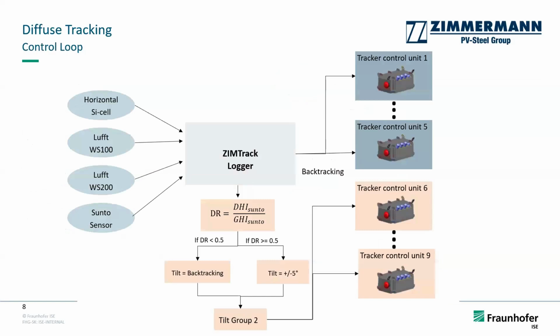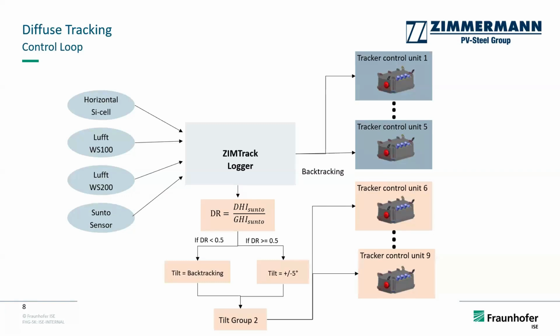So we had to find a first step, a first implementation of the study, which is based on a simpler solution, but still allows us to evaluate the performance of the diffuse tracking optimization over a longer period of time, and also to establish the condition for activation of the optimization.